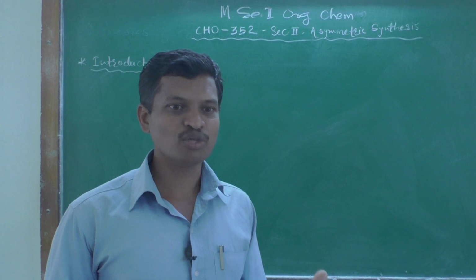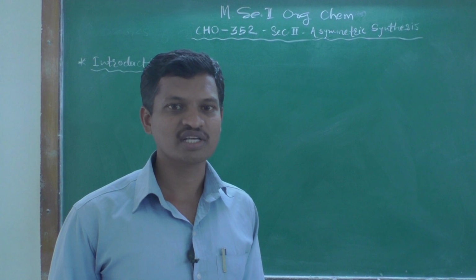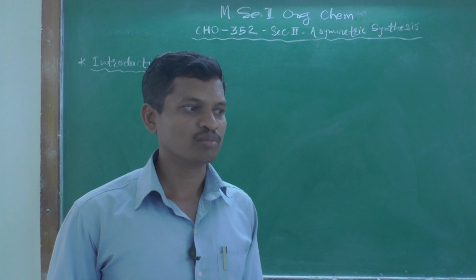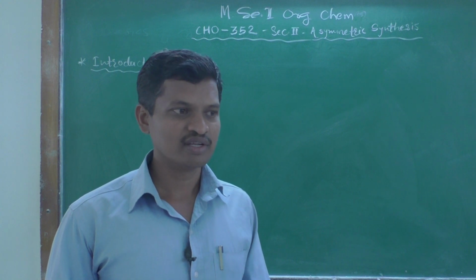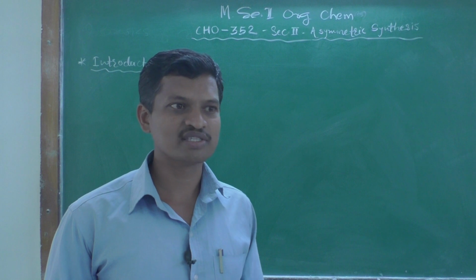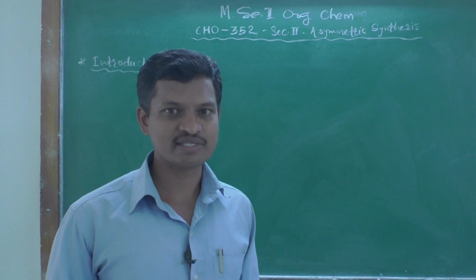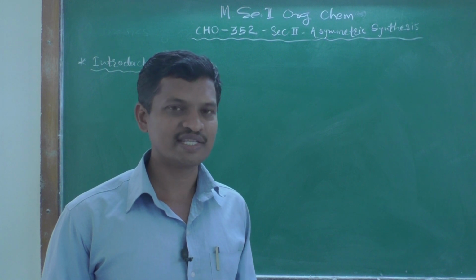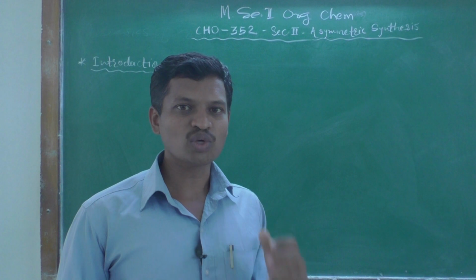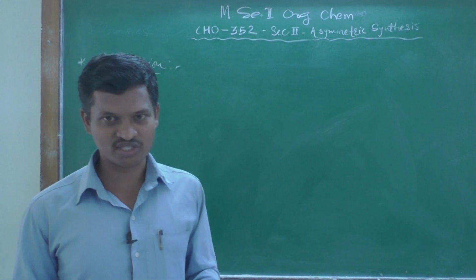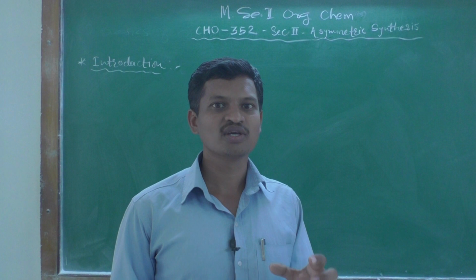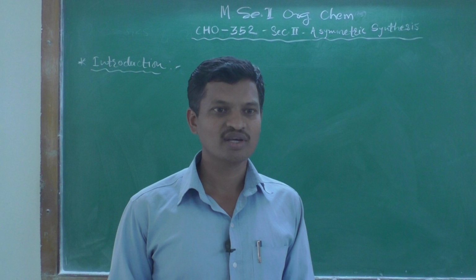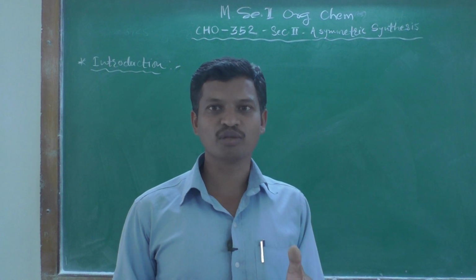So such products, enantiomeric products or racemic mixtures, are not useful at all for their use or applications in different fields, such as pharmaceuticals, then medicines, then as pheromones, etc. So to control the stereochemistry of the products, we should control the stereochemistry of the starting materials or the stereochemistry of the reagents.